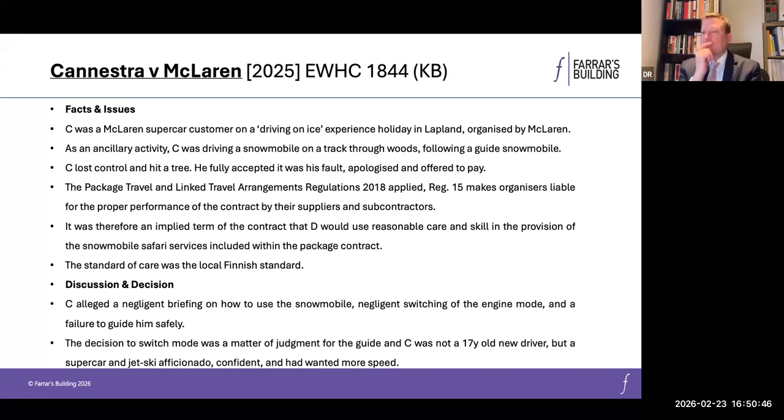Also, a planned activity. And this is the type of luxury holiday that most of us won't be able to afford. A man who is a regular purchaser of McLaren supercars was on an experience holiday driving snowmobiles through ice.